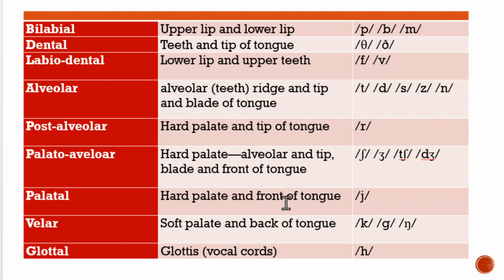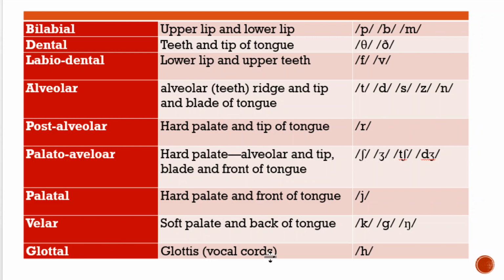Palatal is the front of the tongue moving up towards the hard palate, as in producing this semi-vowel here. And you have velar sounds in English. K, g, and ng are the velar sounds, which are articulated by the soft palate with the active articulation of the back part of the tongue. Back of the tongue. Tongue is always the active articulator, and soft palate, hard palate, etc. are passive articulators.